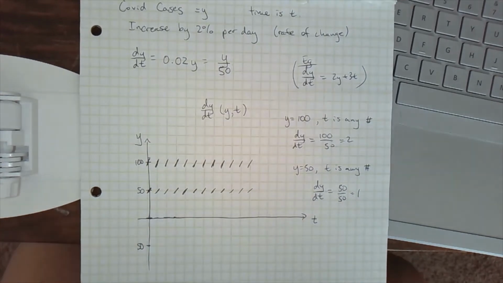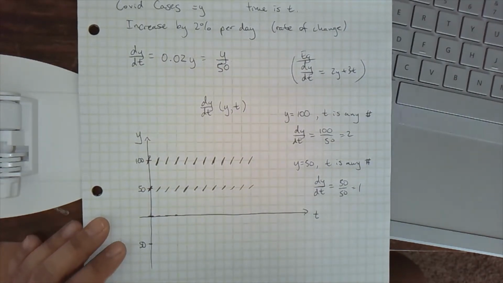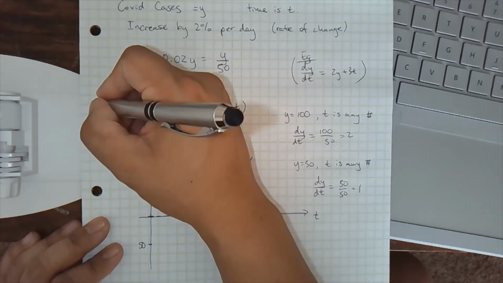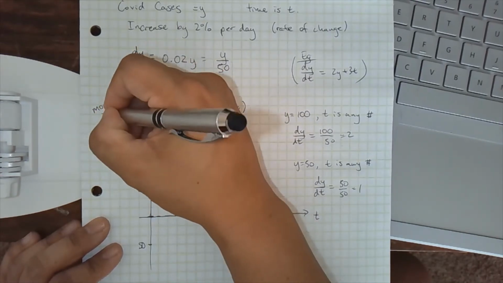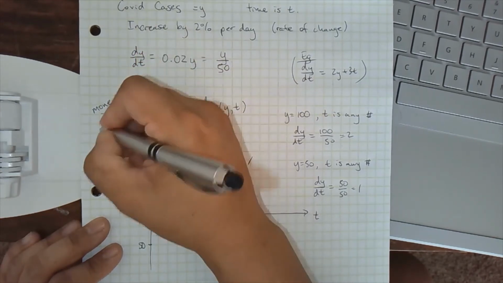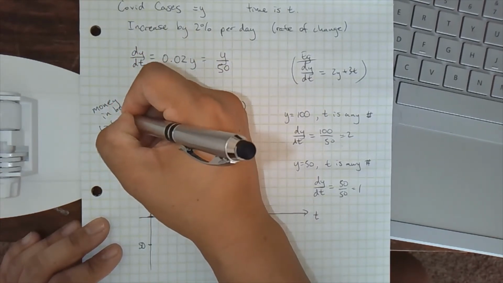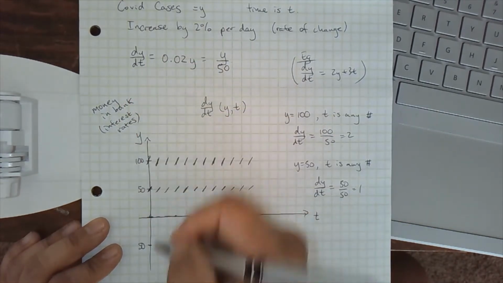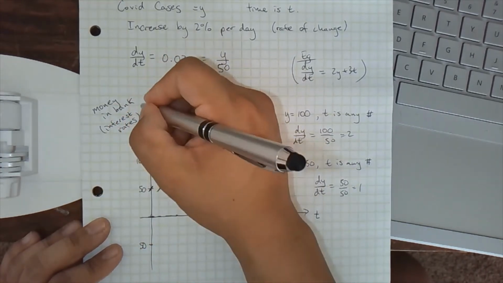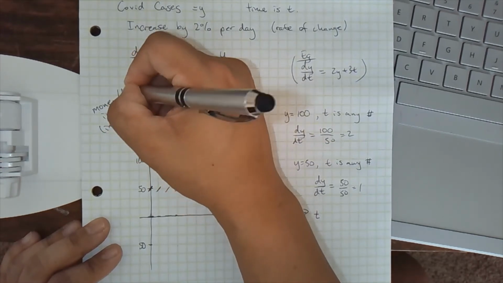Maybe we can't go negative for COVID cases, but there are other things modeled by differential equations, maybe money in a bank. We could have interest rates, which certainly depend on the current money in the bank, and then negative would be debt.